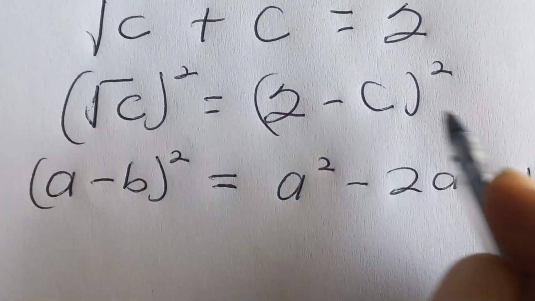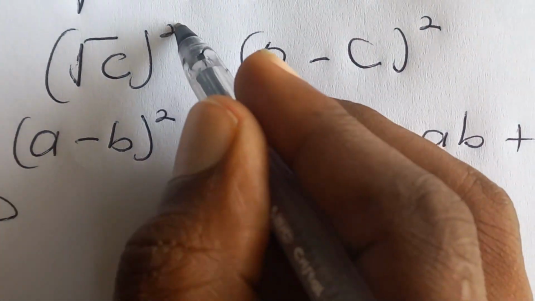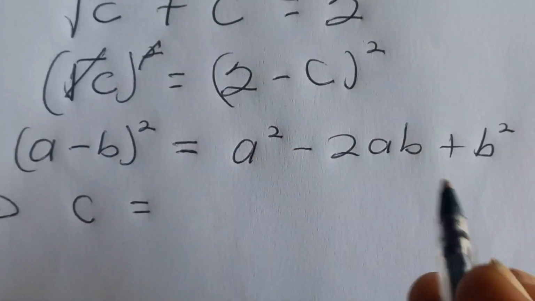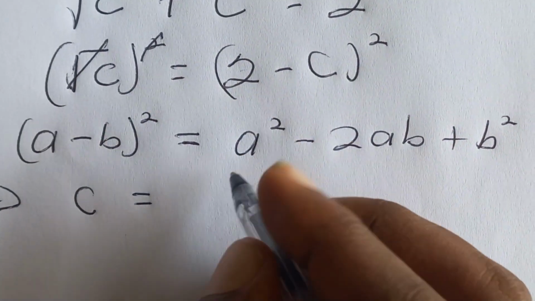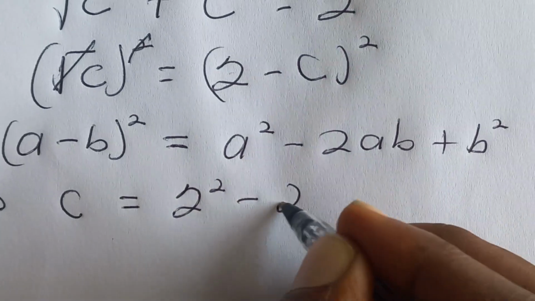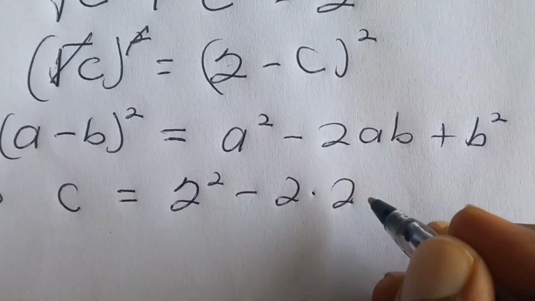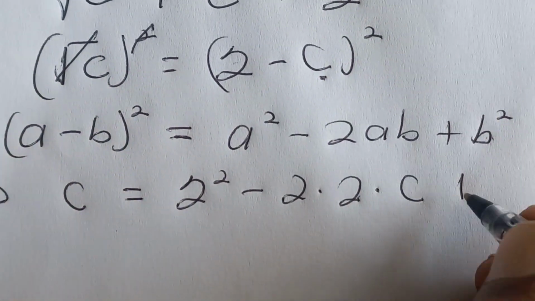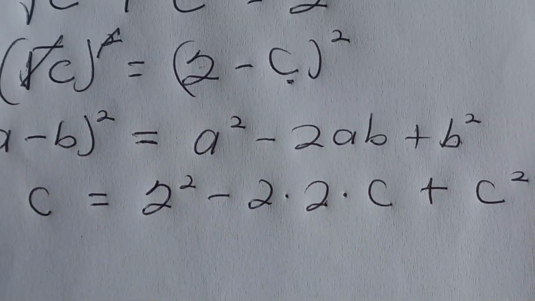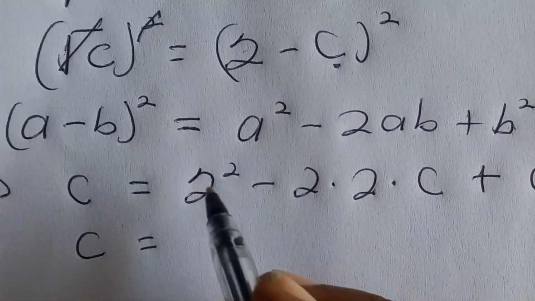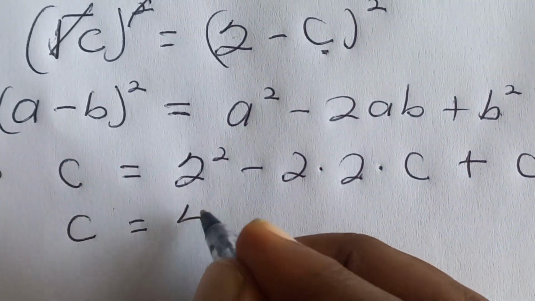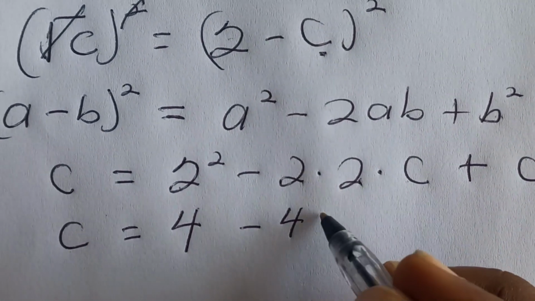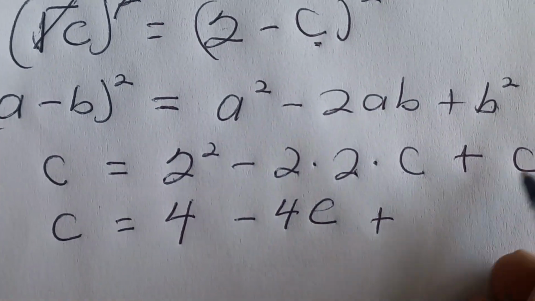So now our equation becomes, you see, this square will cancel the square root, leaving C is equal to 2 squared minus 2 multiplied by 2 multiplied by C. Then our B is the C here, so plus C squared. Now C is equal to, 2 squared, we are getting 4, minus 2 times 2, which is 4, times C, which is 4C, plus C squared.